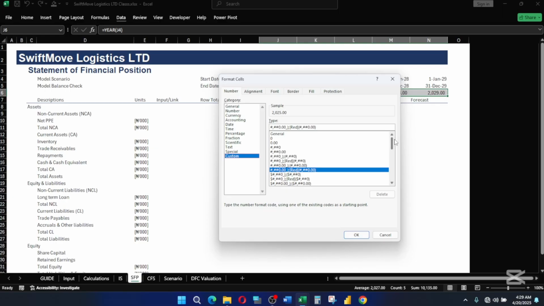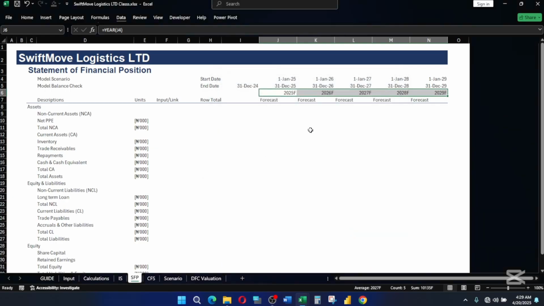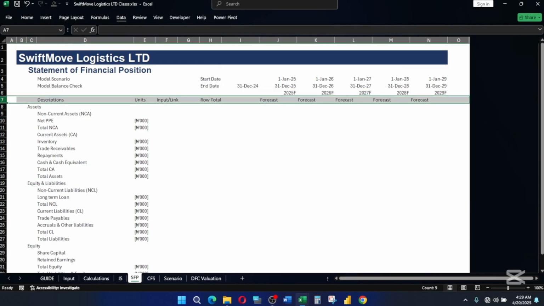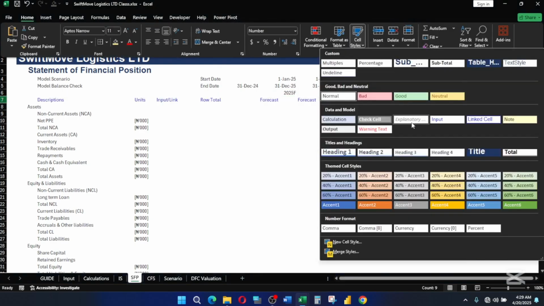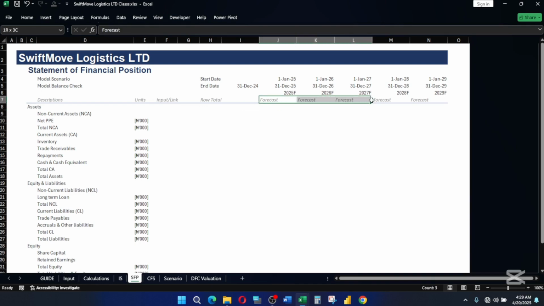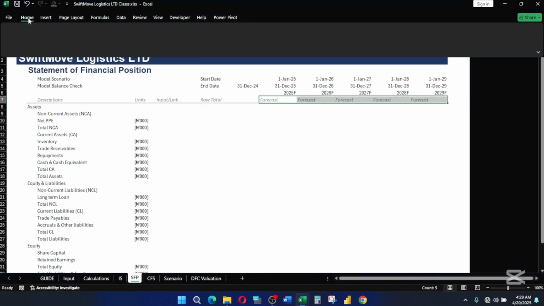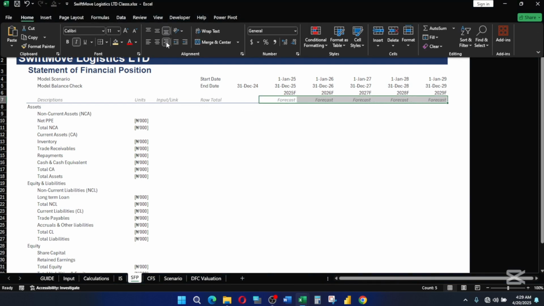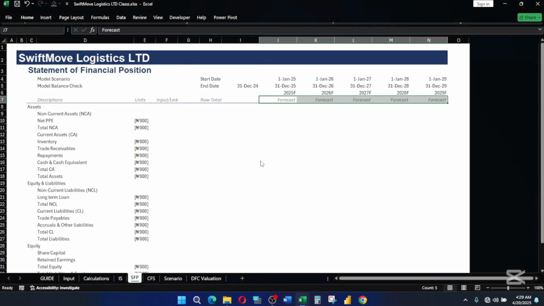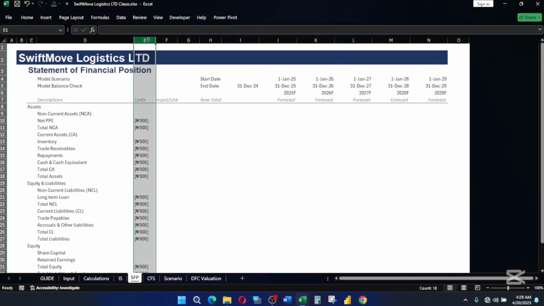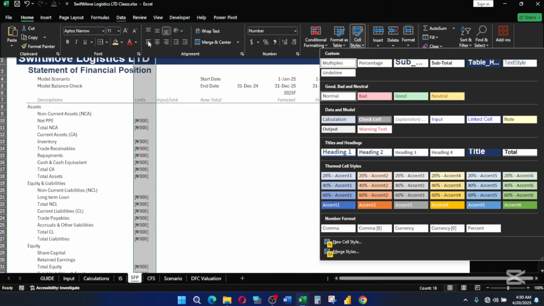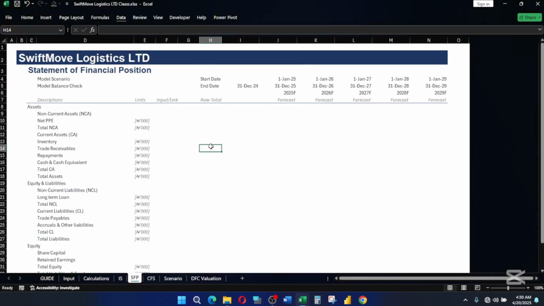I want to customize, and then apply this. So we have this, and this is going to be our explanatory style, and I'm going to align it to the right. Then I'm going to apply the explanatory style here too.